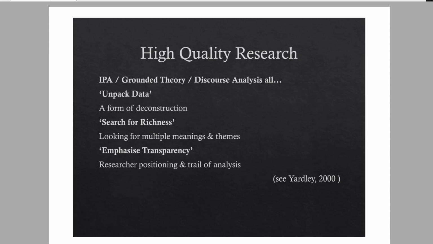So some of them, I think IPA is one of them, you do an interview, really unpack it, look for the meaning, but then place yourself as a researcher within that to understand how to then do the next level of analysis. So there's a dual process in it.